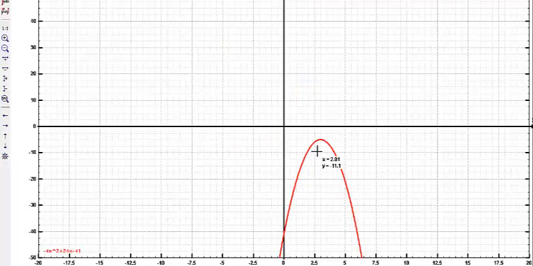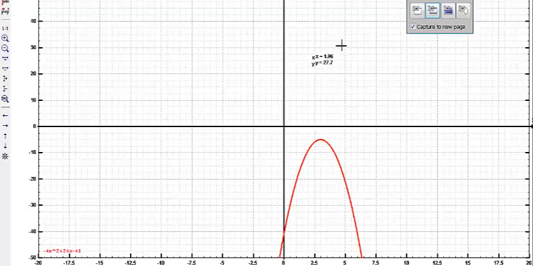So there it is. So it's not going to have any x-intercepts because it's below the x-axis. We have a y-intercept of negative 41. We have this point of symmetry here around that. The axis of symmetry looks like it's going to be around x equals the positive 3.